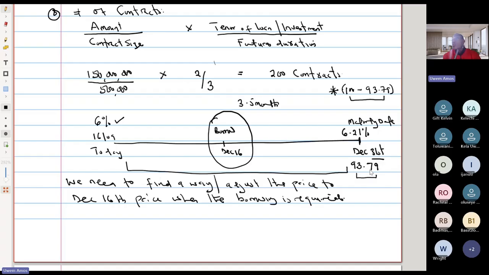But I'm not going to hold it until December 31st because I want to borrow on December 16th. So can we adjust our price to reflect December 16th? Yes, we can. Let's find the difference. We find out of the total period, what period is going to be outstanding that we're not going to hold on to the instrument, and we find the remaining value.